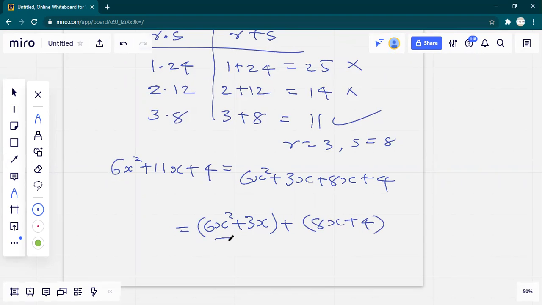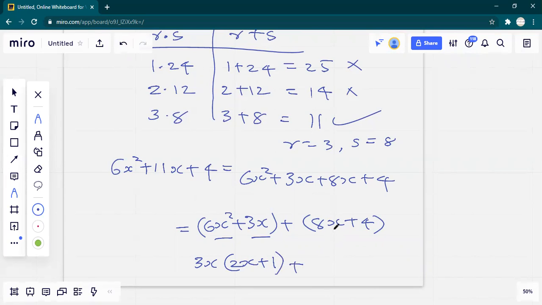The common factor of 6x squared and 3x is 3x. If you take 3 from 6, the remaining is 2, because 2 times 3 is 6. If you take x from x squared, you will get x. If you take the entire 3x from 3x, the remaining term is 1.